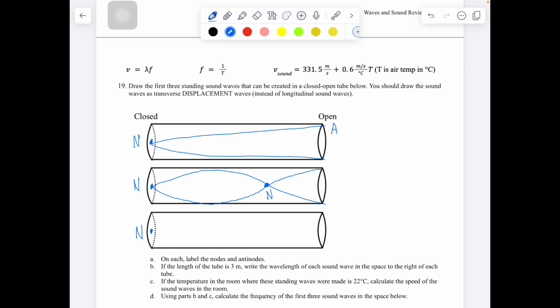Right, that dot. Where the lines intersect. That is a node. And our antinode right here. We do have another antinode inside the pipe. And our third pattern, we are going to have 2 nodes within the pipe, not counting the one that's at our closed end.